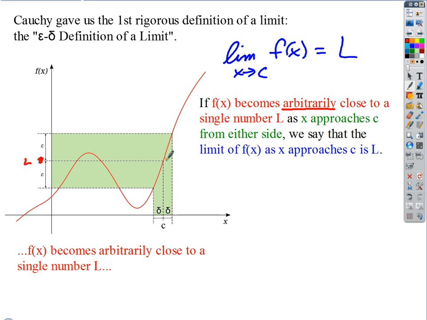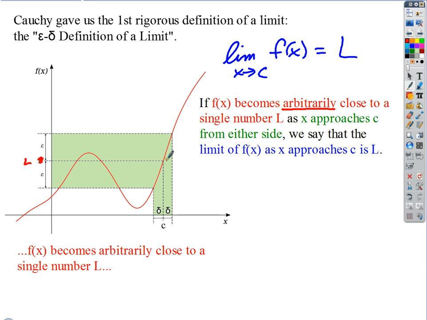If the limit is going to exist, the ant has to be able to, without any limit on his accuracy, anticipate where he's going to step in terms of a y coordinate. Okay? How's he going to do that? Well, if the ant is able to pick the y value, pick the limit with arbitrary precision, as close as he wants to, as x approaches c from either side.